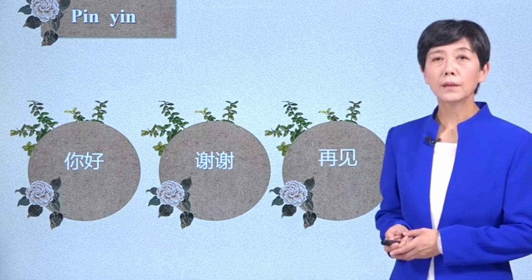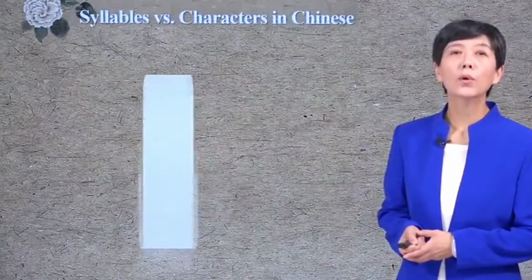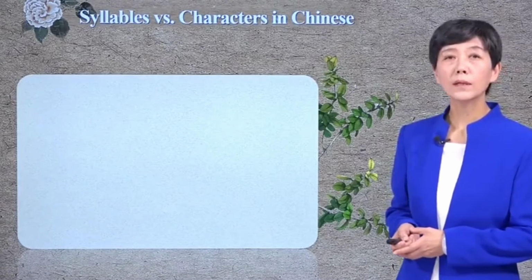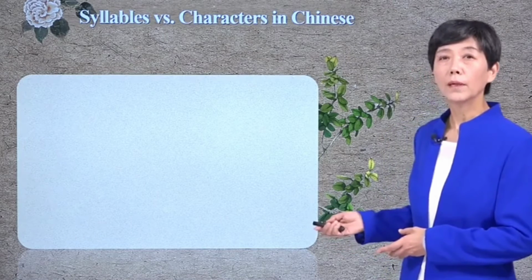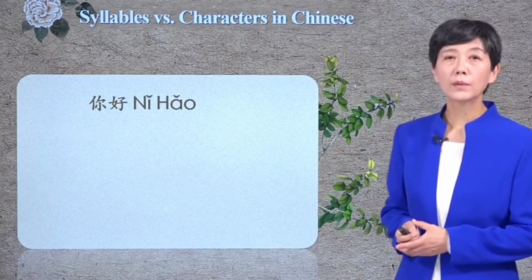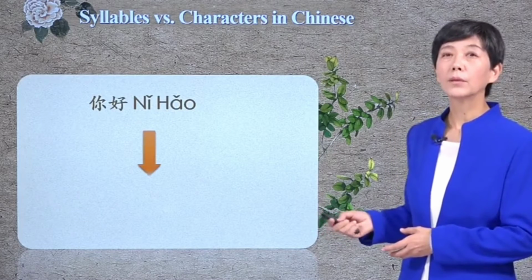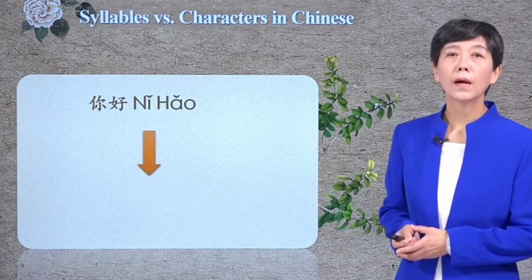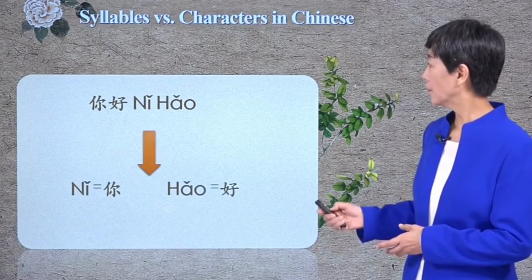In Mandarin Chinese, we use one syllable to record one sound, and one syllable will represent one character. For example, the greeting expression 你好 is formed by two syllables, and it is also written with two characters.